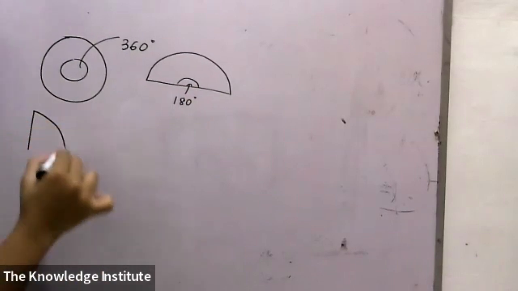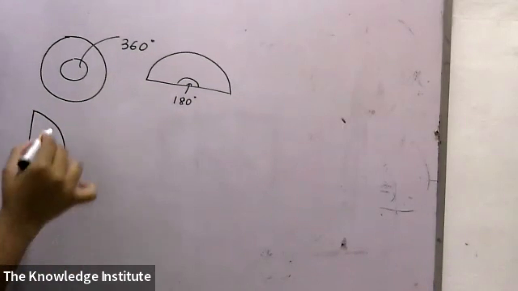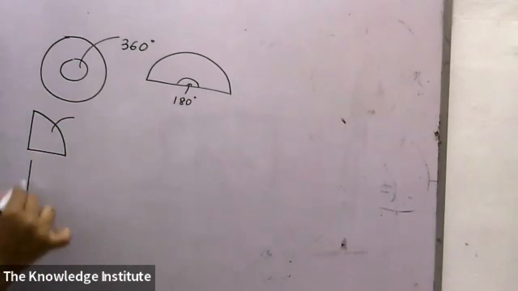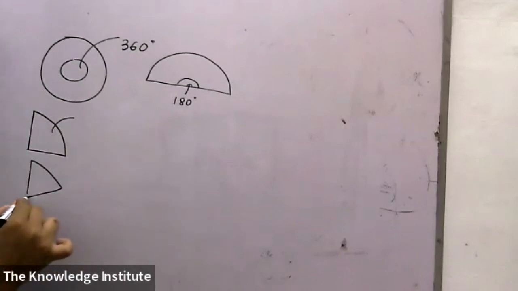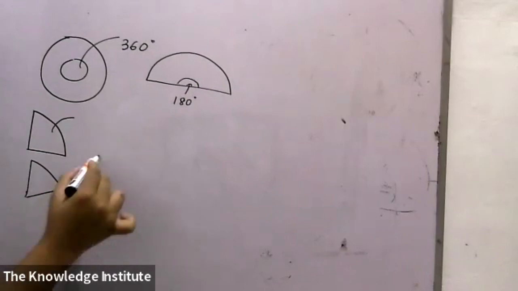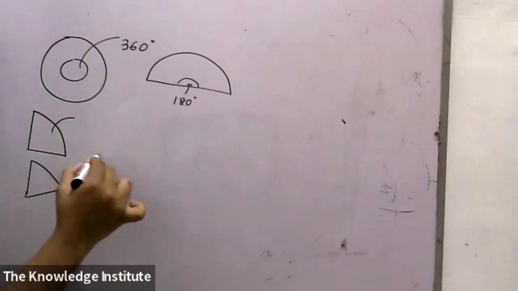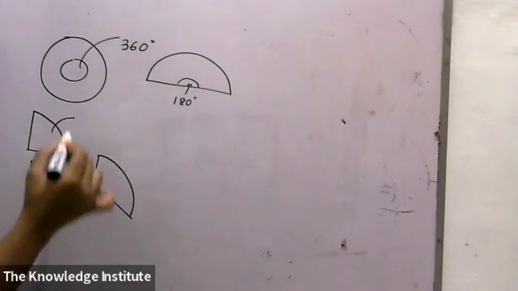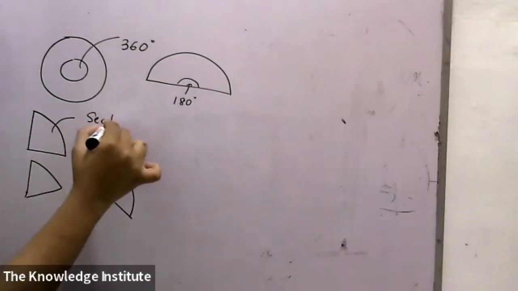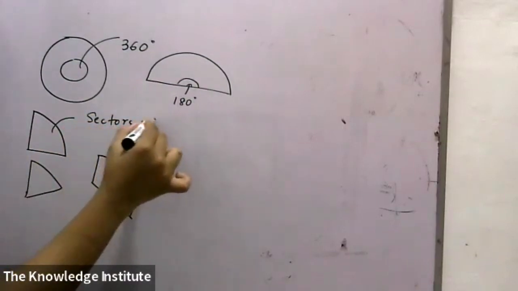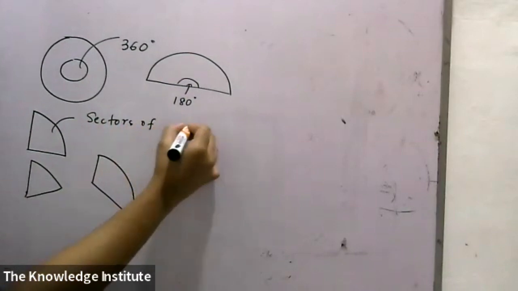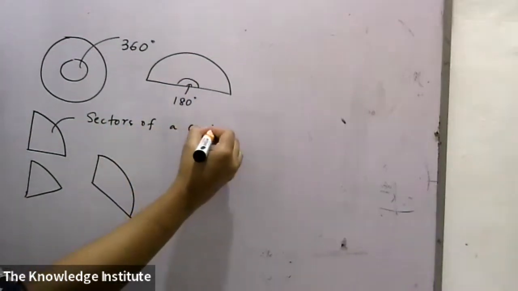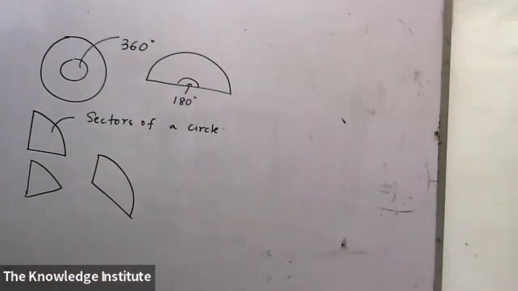If it's a portion of a circle, something like this, we call them sectors. Sectors of a circle means a part of a circle. So how to find the perimeter of these is what we are going to study.